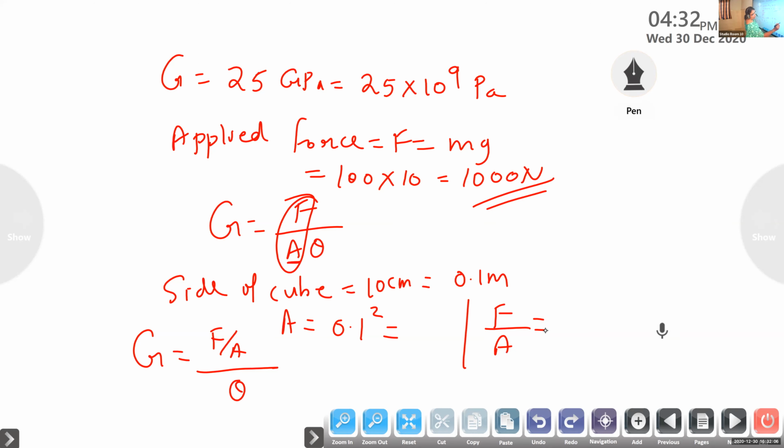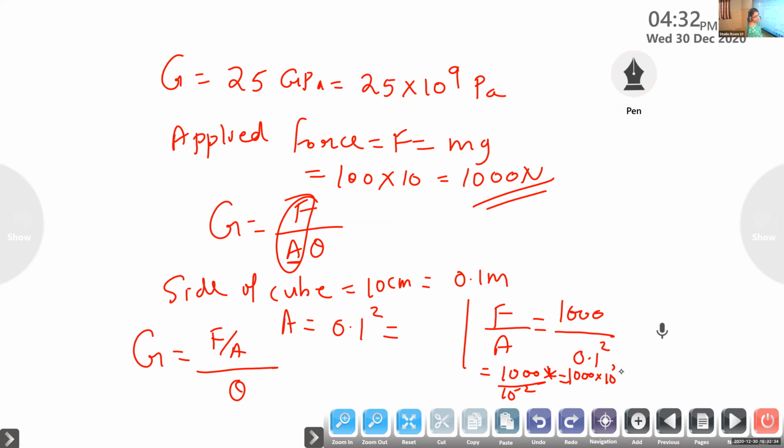F by A is already given: 1000 Newton divided by 0.1 square. 0.1 square means 0.1 into 0.1, which becomes 0.01, that is 10 to the power of minus 2. So we can write 1000 by 10 to the power of minus 2, and finally take this 10 square up.